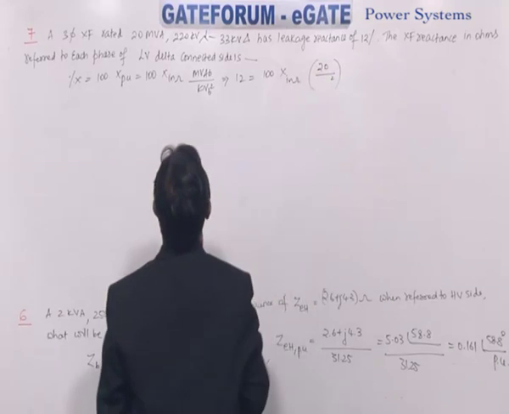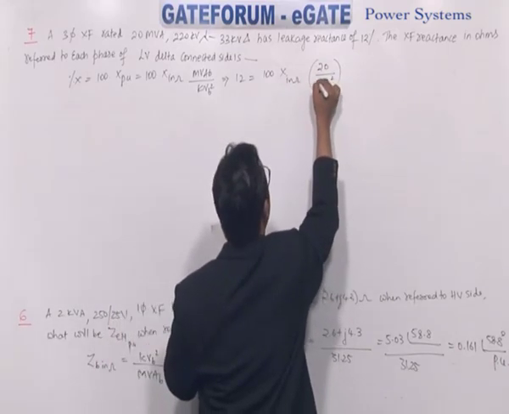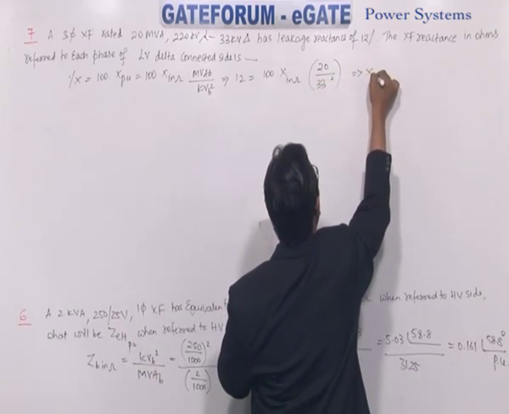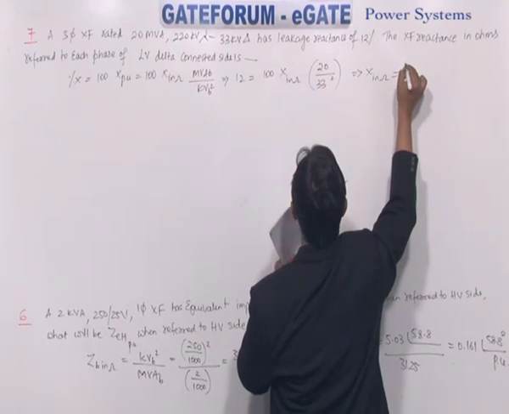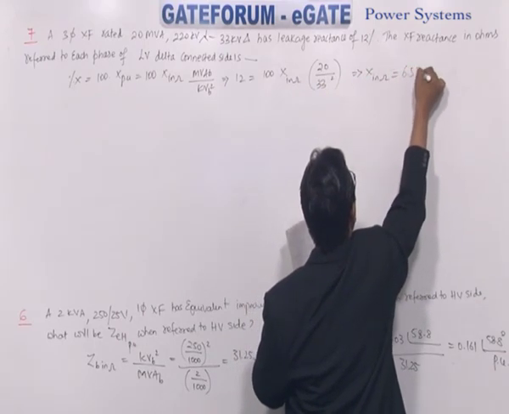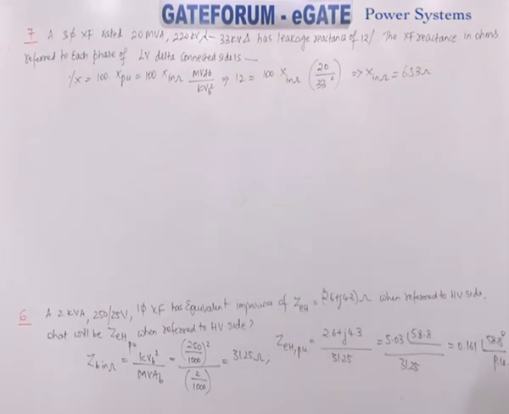How much kV now? Delta connected side is 33. So find out the reactance in ohms. You get the answer 6.53 ohms. So on simplifying, you get the answer as 6.53 ohms.